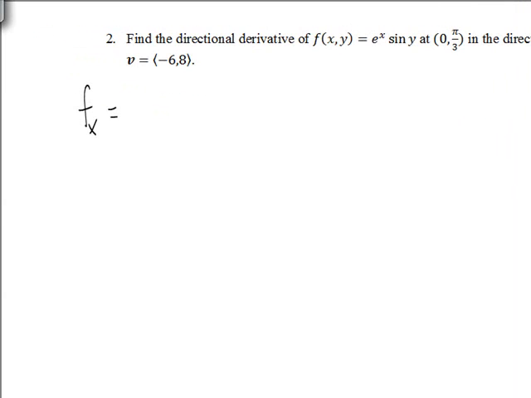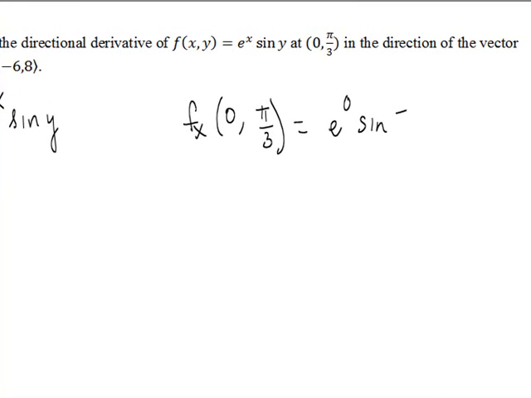That's the same thing because the derivative of e to the x is the same thing. Then let's find that partial at the point right away, (0, pi over 3). So we substitute. You get e to the 0 sine pi over 3, which ends up being square root of 3 over 2.